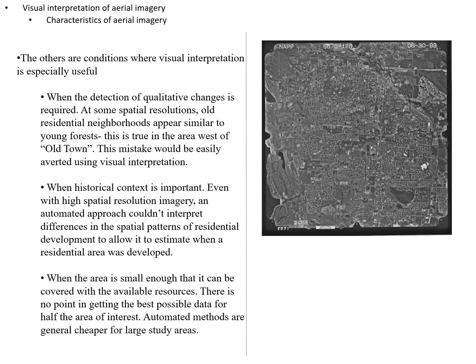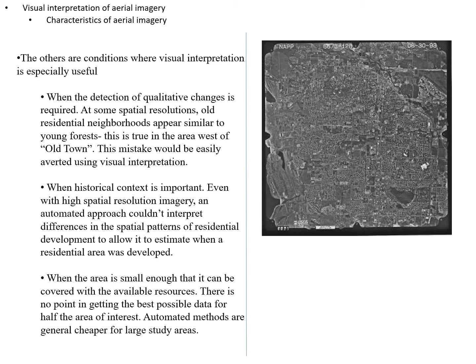For some cases where visual interpretation is especially useful, when you want to look at qualitative change, for instance, at some coarser spatial resolutions, not very coarse, but like 10, 25 meters, old residential neighborhoods appear to be similar to young forests.